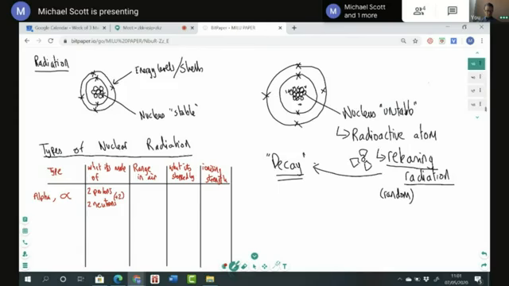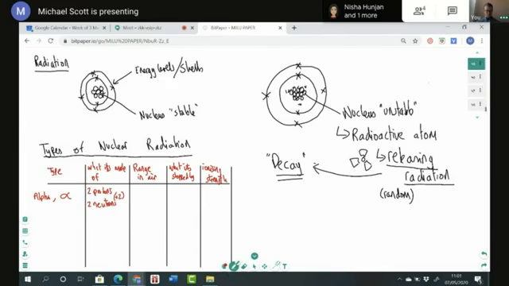You may remember from my first chemistry video that I spoke about the charges of these subatomic particles. Remember that protons are +1, they're positively charged, and neutrons are neutral, they have a 0 charge. So an alpha particle would have a charge of +2.